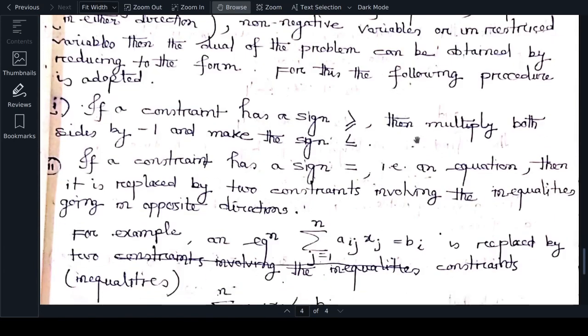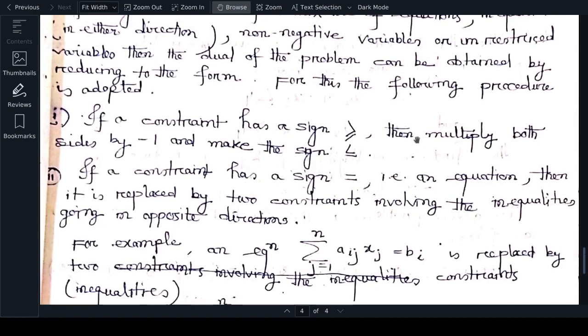The system consists of a mixture of equations and inequalities in either direction, either less than or greater than, with non-negative variables or unrestricted variables. Then the dual of the problem can be obtained by reducing it to the standard form. For unrestricted in sign, I shall discuss next class.